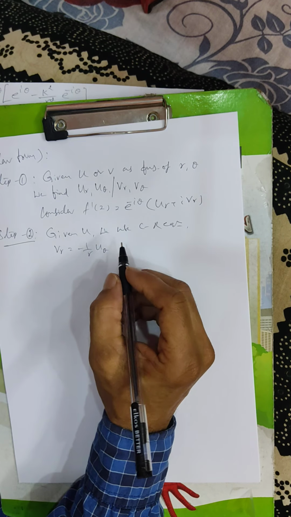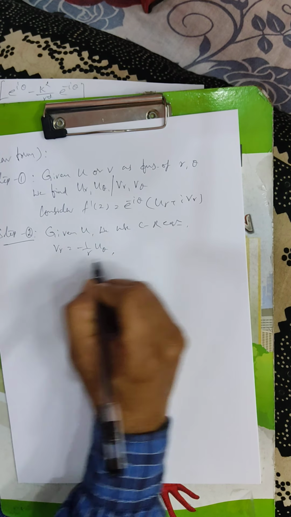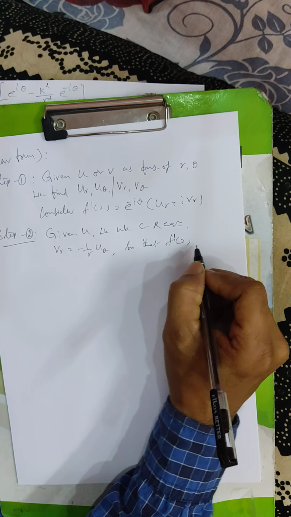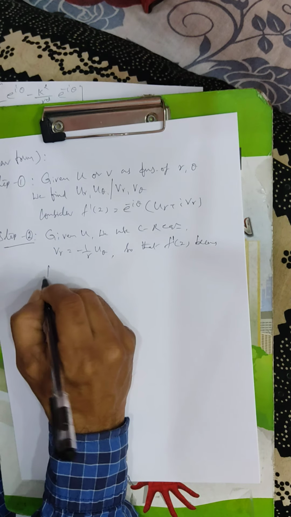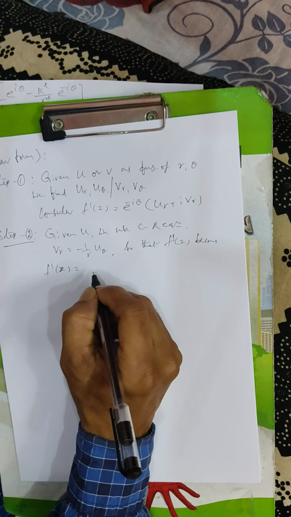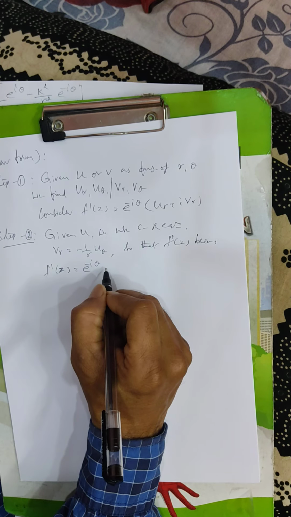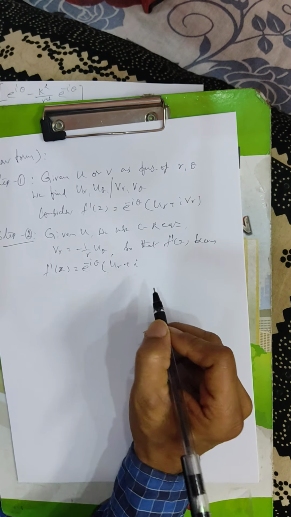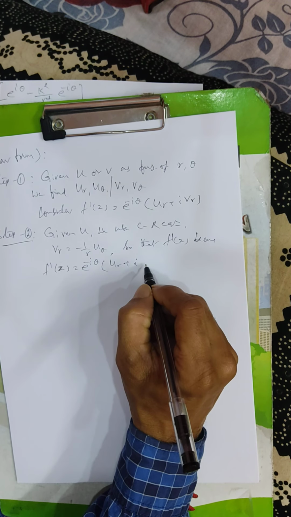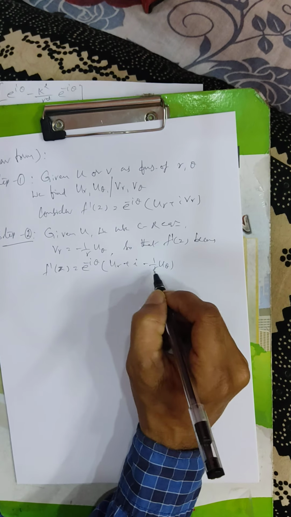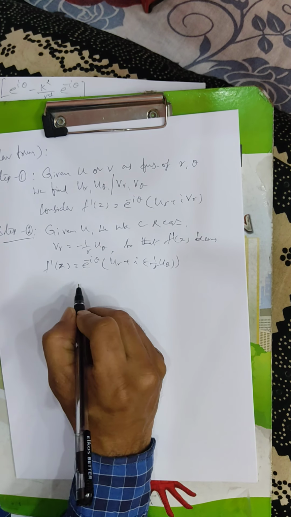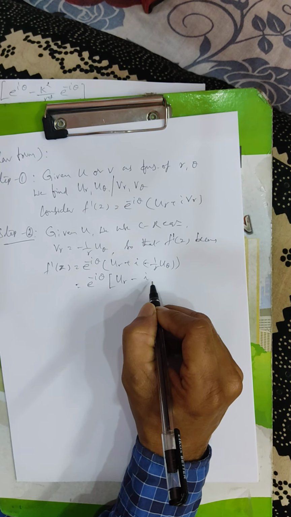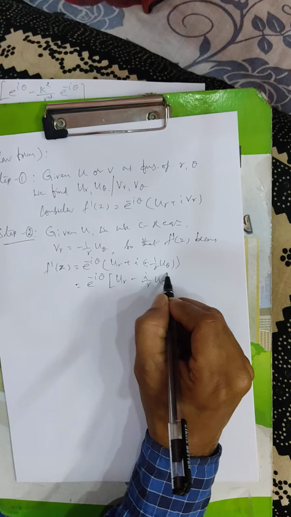So that f dash of z is equal to e power minus i theta into ur as it is plus i into, for vr we'll write minus 1 by r u theta. So that it is e power minus i theta into ur minus i by r u theta.